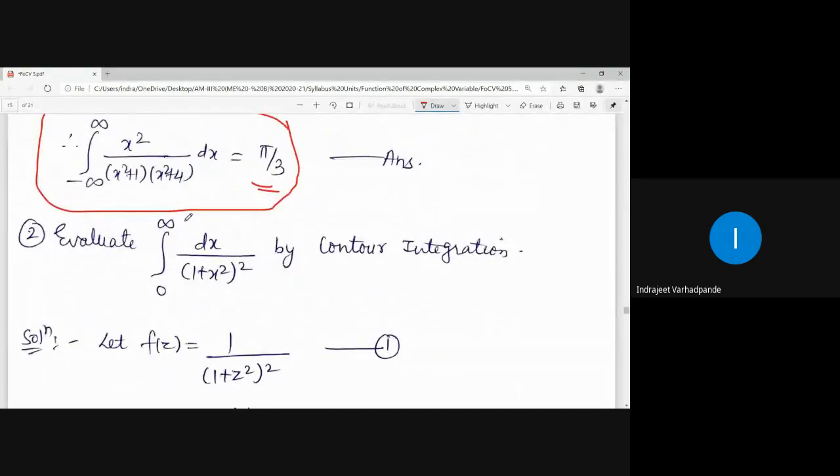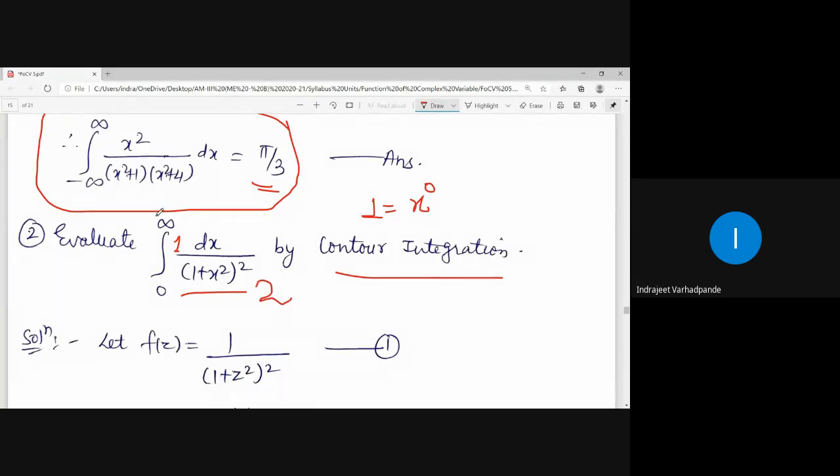Evaluate integral 0 to infinity dx upon 1 plus x square whole square by contour integration. See, there is nothing in the numerator. Nothing is there, meaning what? 1. 1 can be written as x to the power 0. So what is the difference of degree between the numerator and denominator? 2 minus 0 is 2. So that condition is fulfilled.